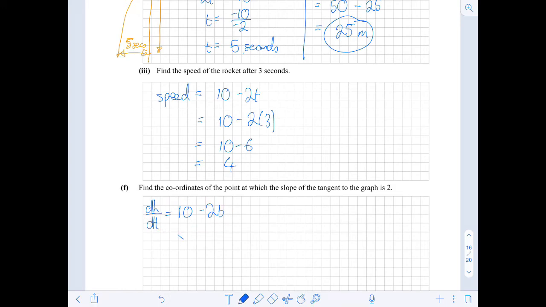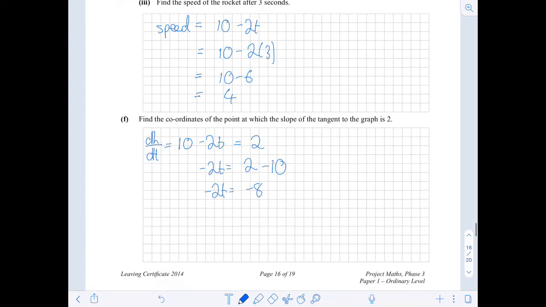But we want to know specifically, when is the slope equal to 2? Okay, so I then go minus 2t must equal 2 minus 10. So minus 2t must equal minus 8. So t by itself must equal minus 8 all over minus 2. So t must equal 4.